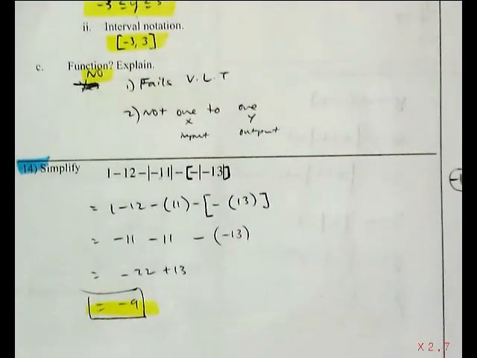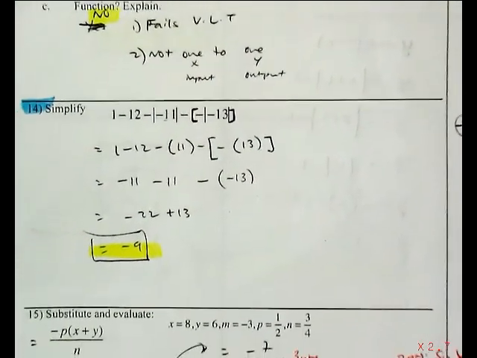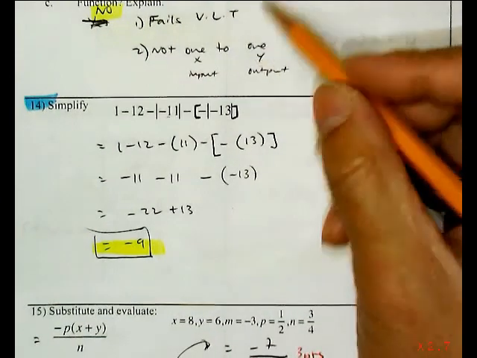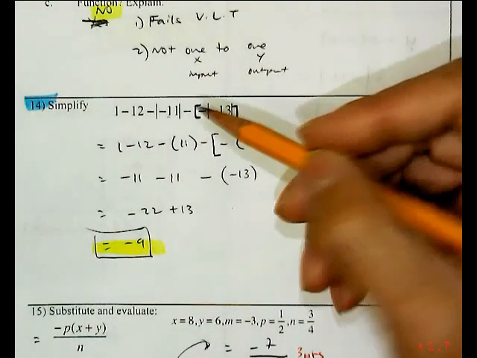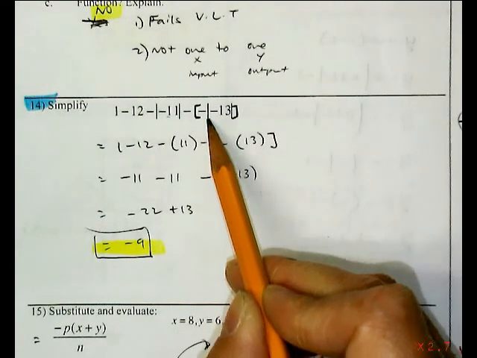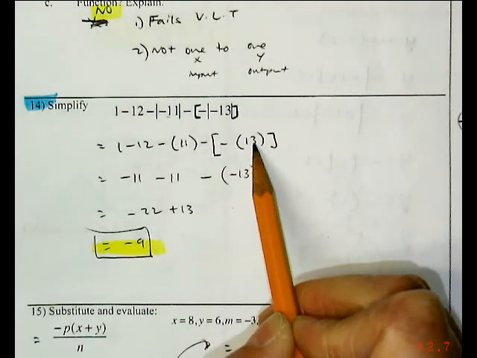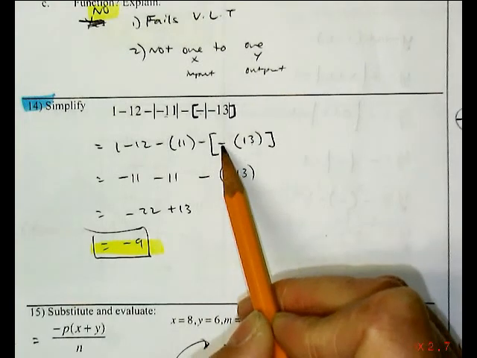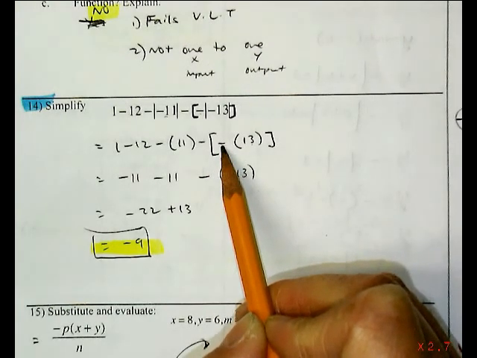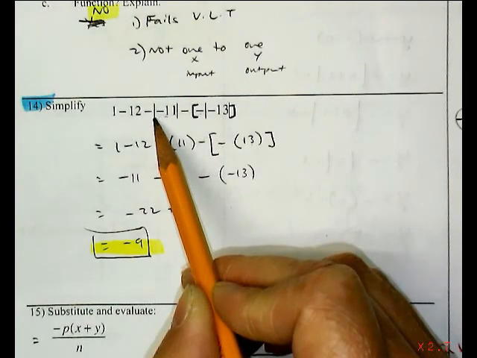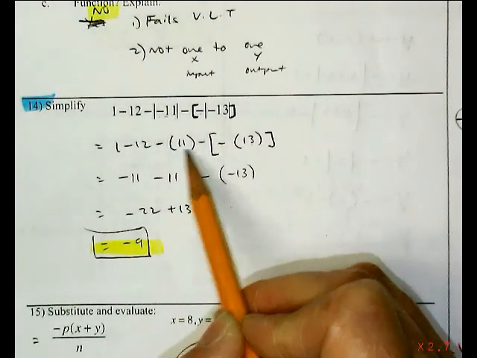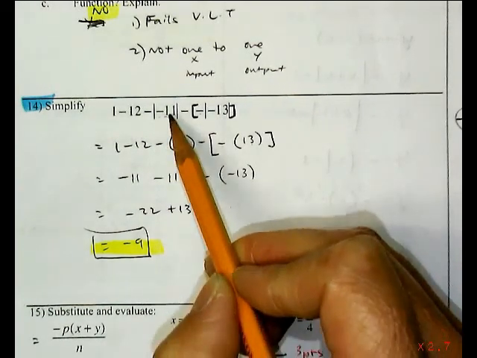Question number 14. I don't know how many times we have this question on here. The first thing you're going to do is everything inside parentheses or brackets. You're still doing order of operations. So the absolute value of -13 is 13. You still have that negative sign inside the bracket. Now I'm going to go ahead and evaluate -11. To evaluate it, I changed the absolute values to parentheses to show there's a simple negative.